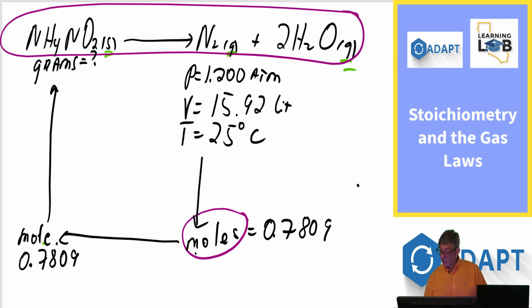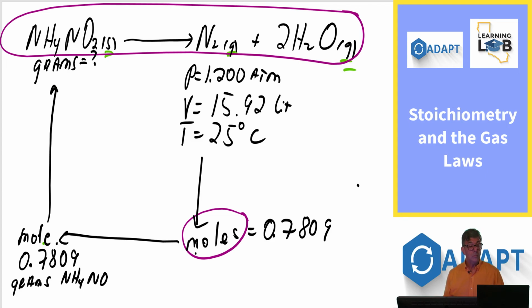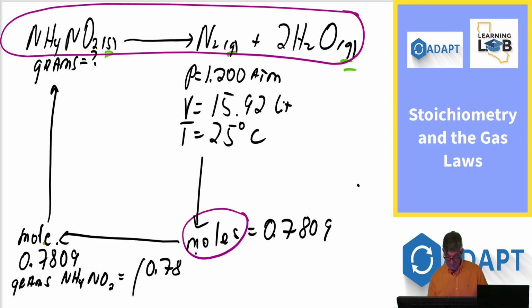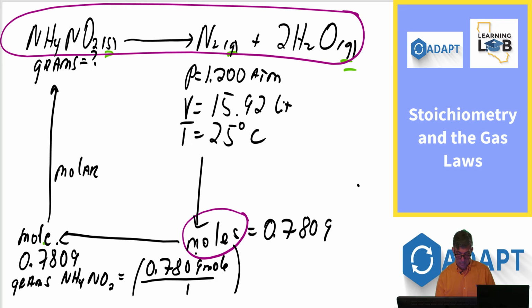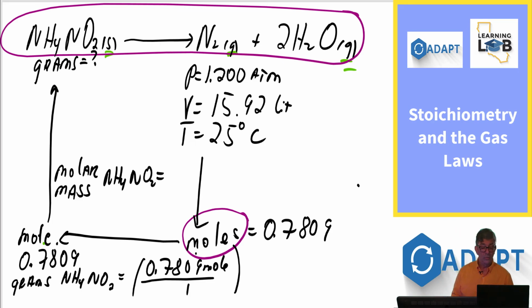The last part: we are asked to calculate the gram value of the ammonium nitrate. So the grams of ammonium nitrate equals 0.7809 moles, and based on the periodic table, we determine the molar mass of ammonium nitrate, having 2 nitrogens, 4 hydrogens, and 3 oxygens.